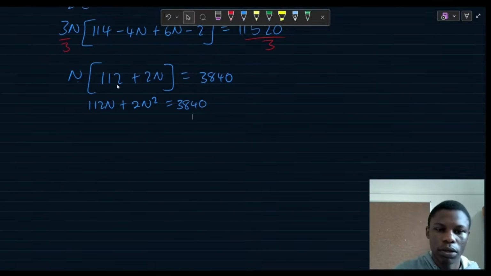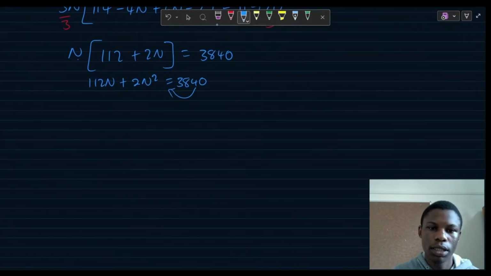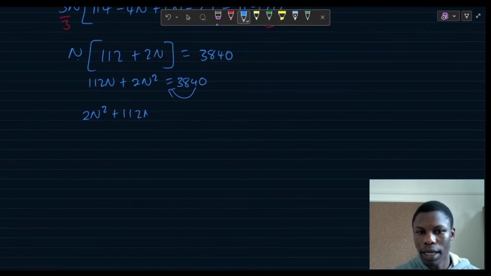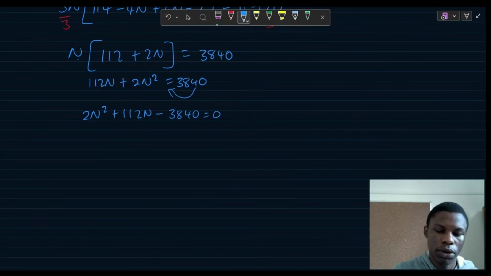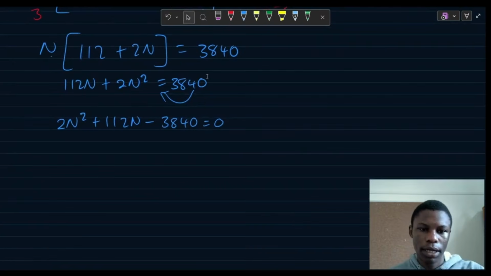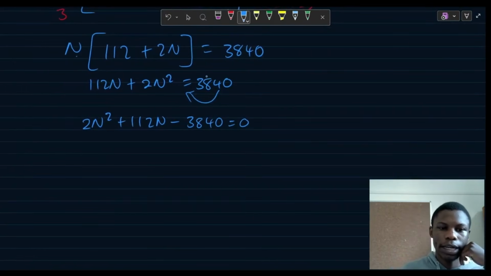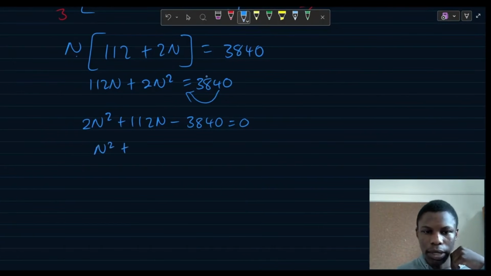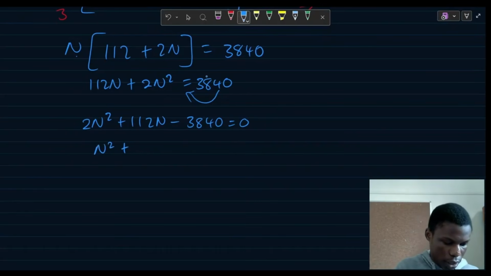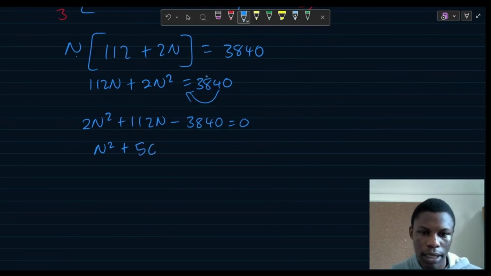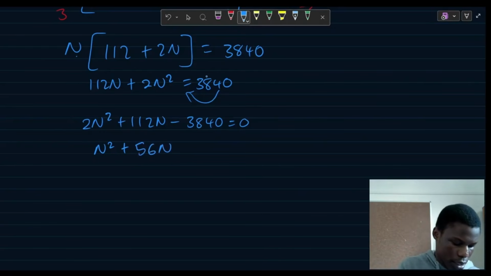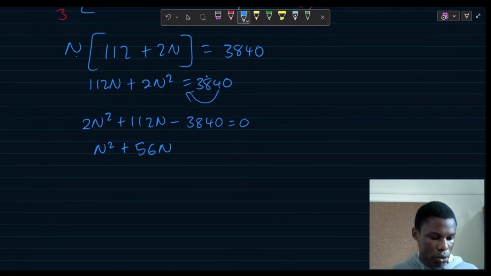Let's put everything on one side. So I'll move this to the left. So 2n squared plus 112n minus 3840 is equal to 0. Let's divide through by 2 so that we've got big N squared plus 112 divided by 2, which is 56n, and then 3840 divided by 2, which is 1920, is equal to 0.